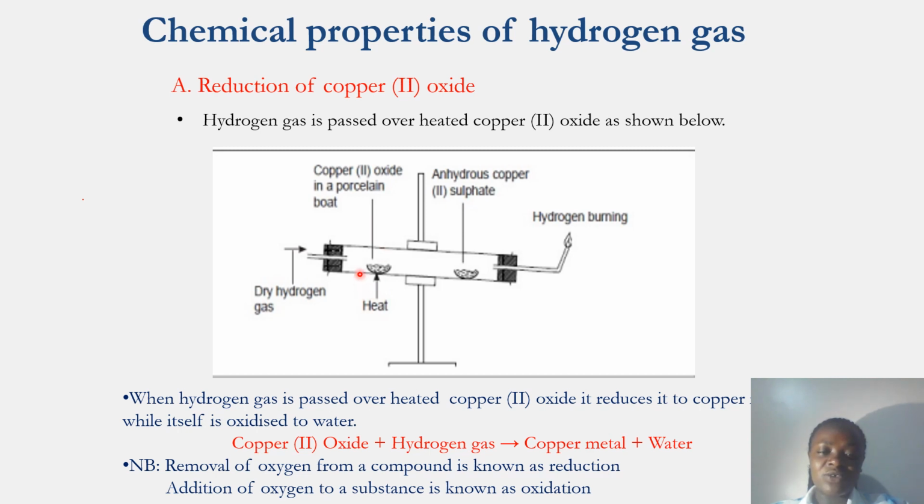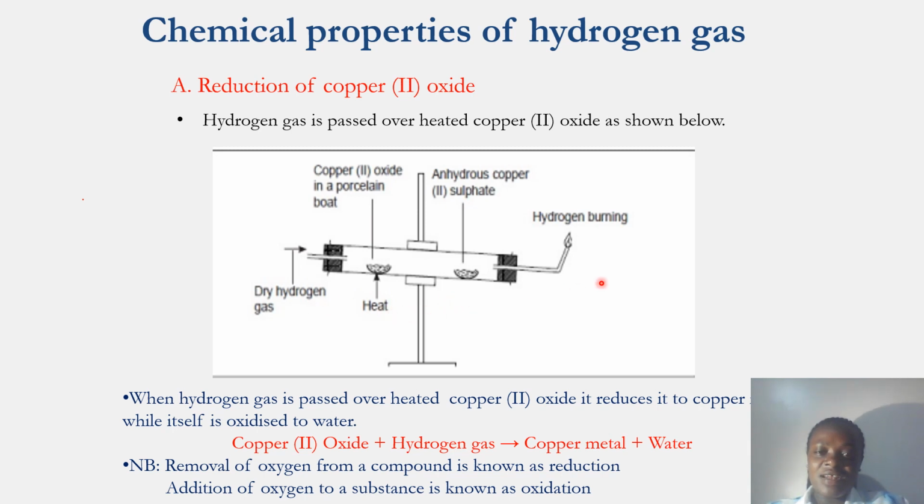We have our combustion tube here containing copper 2 oxide in a porcelain pot. Then we have anhydrous copper 2 sulfate on the other side of the combustion tube. Then remember we are heating our copper 2 oxide here. Then here we have supply of dry hydrogen gas.